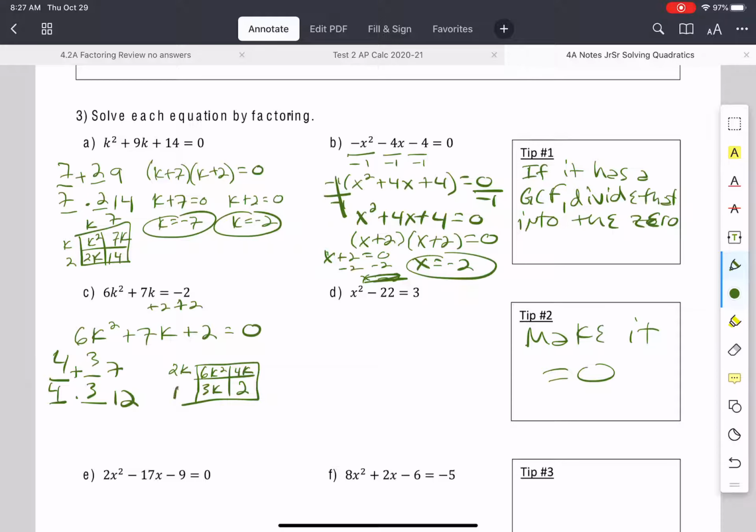Second row, no GCF, so it's 1. First column, 3K. Second column, 2. So my answer is 3K minus 2 and 2K plus 1.